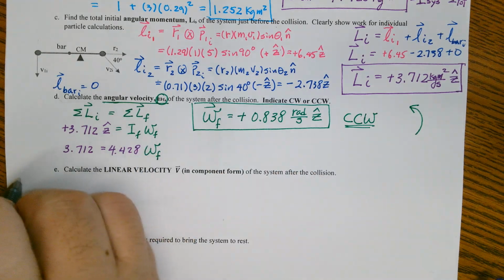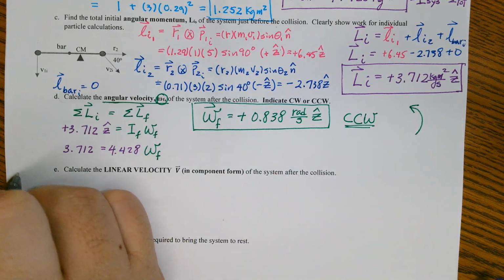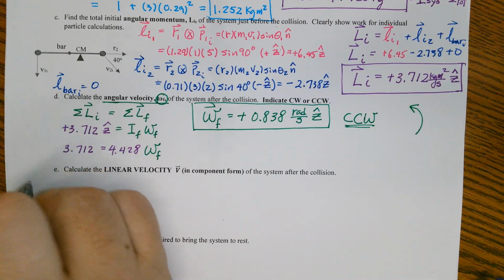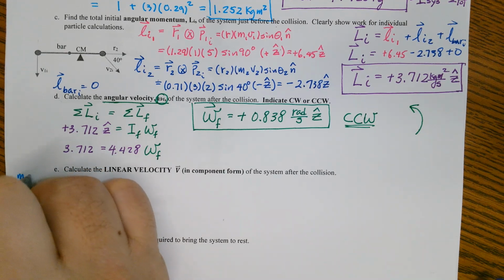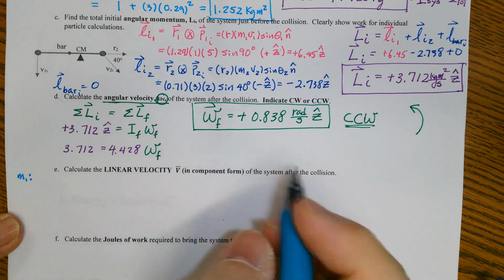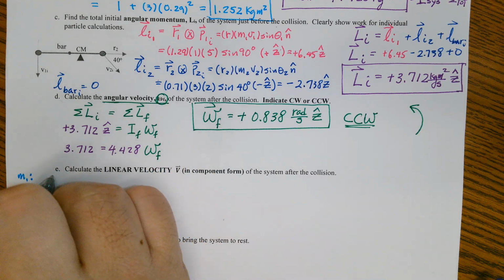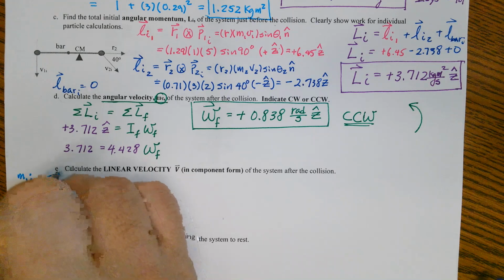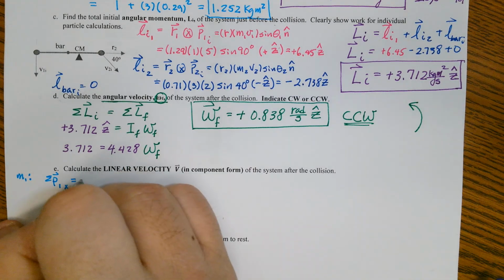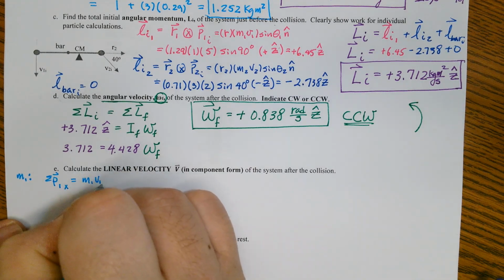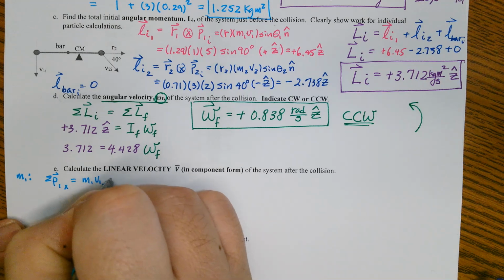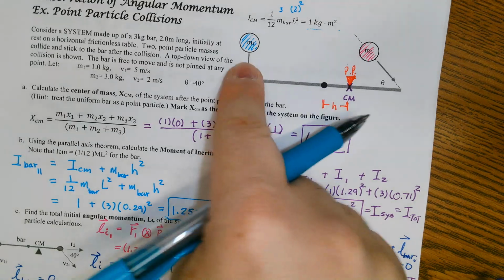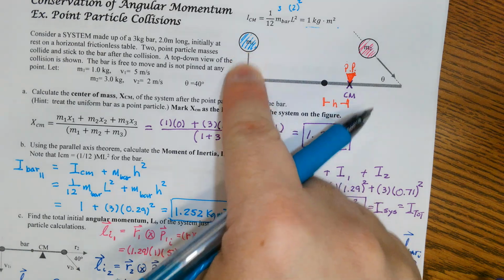So if I were to look at mass 1, the total initial momentum for mass 1 in the x direction is equal to m1 v1x initial. But how much is this going in the x direction initially?